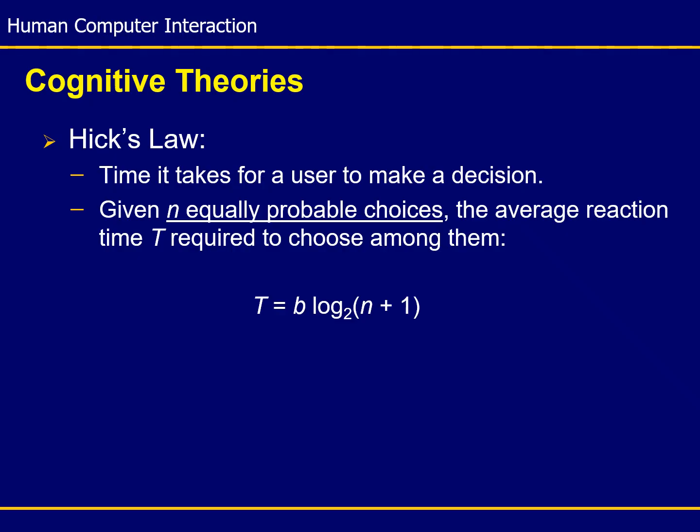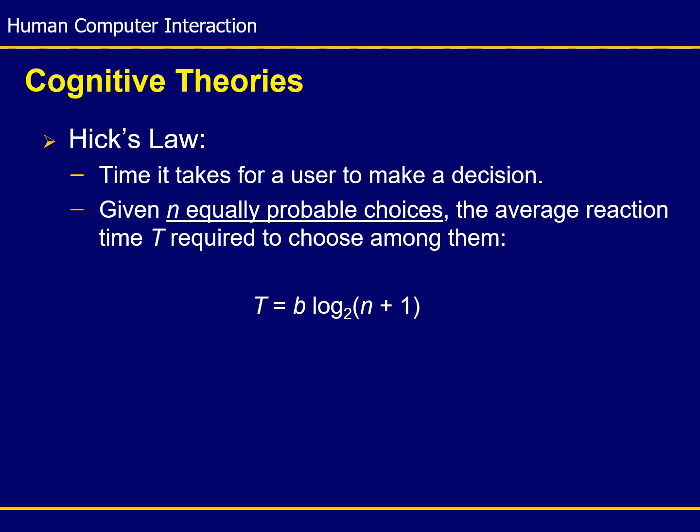Now, a very related law to this is called Hick's law. This tells you the average amount of time it takes a user to make a decision given a number of choices. Provided that, and this is very, very important, the chance of picking any choice is the same as the chance of picking any other choice.